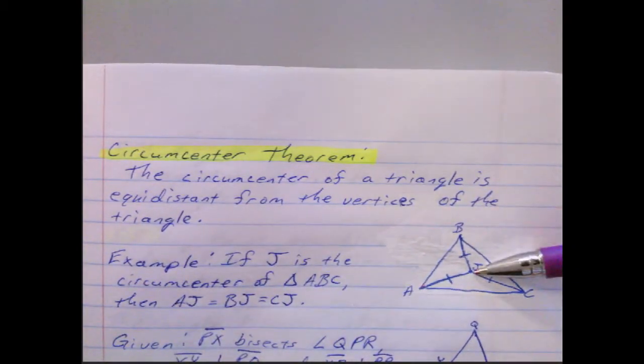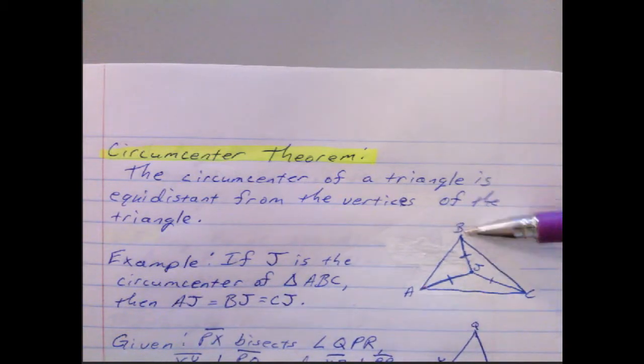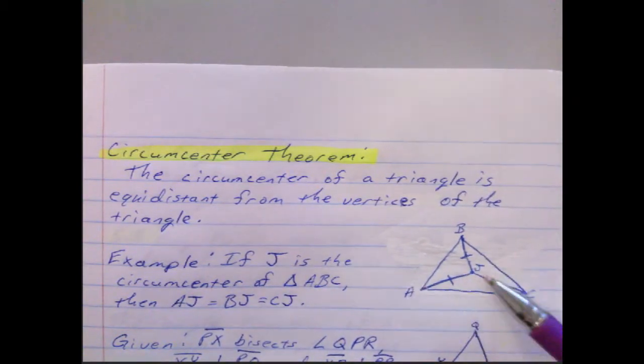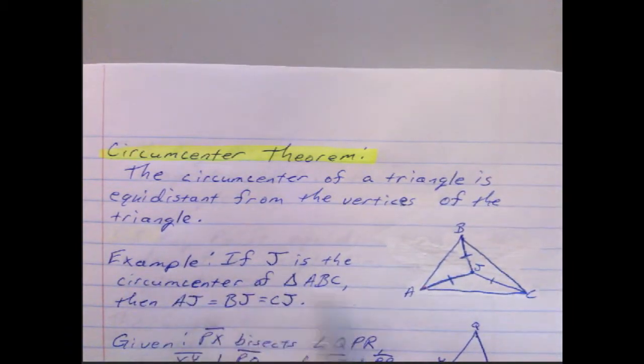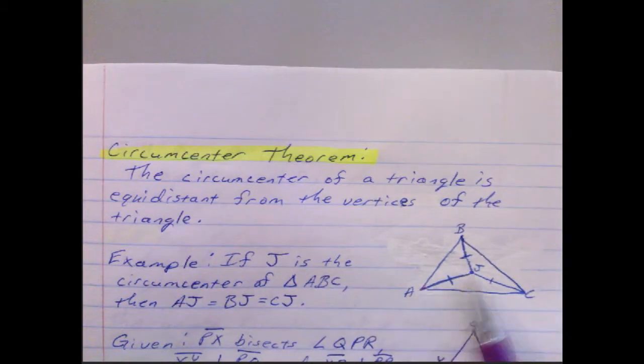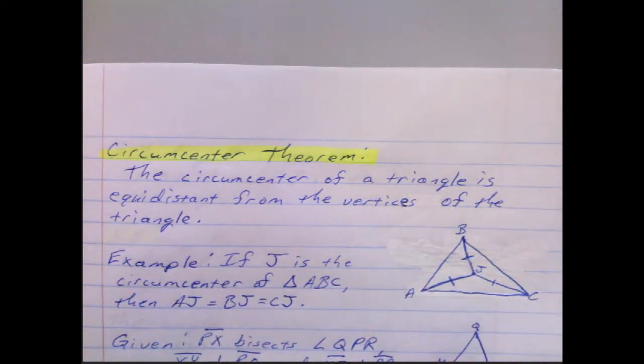So here's our circumcenter. It's the same distance from all of our vertices. An example of that: if J is the circumcenter of ABC, then AJ, BJ, and CJ are all the exact same length.